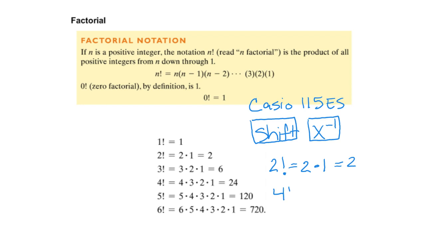4 factorial is 4 times 3 times 2 times 1, which is equal to 24. So we're looking for this factorial option. Another thing you need to remember is that 0 factorial is equal to 1.